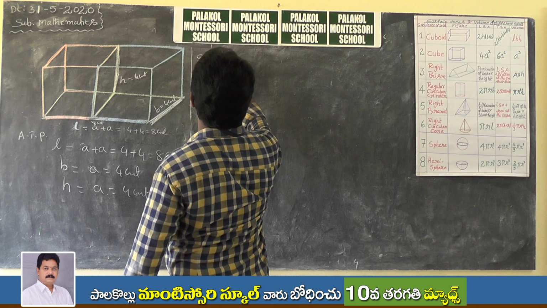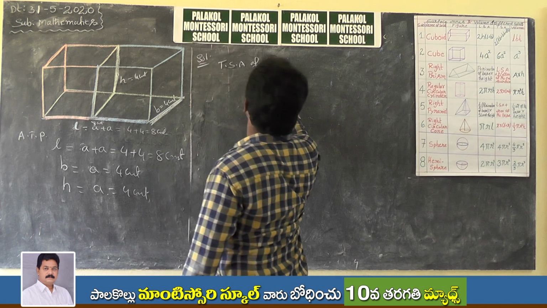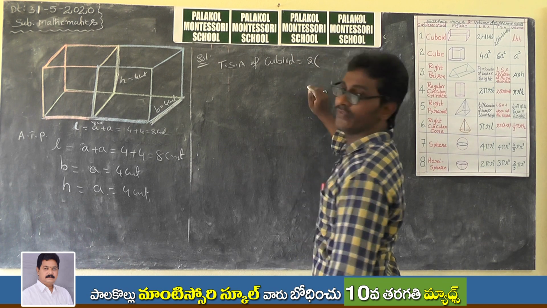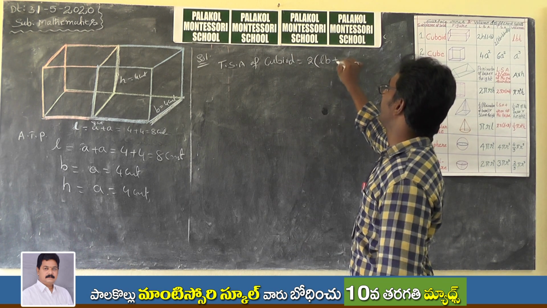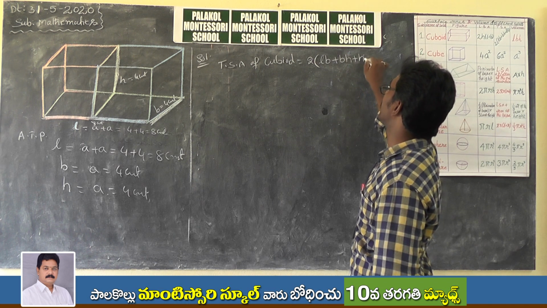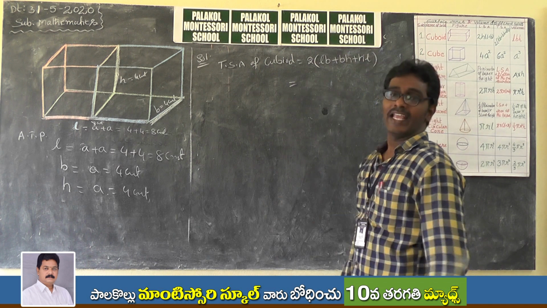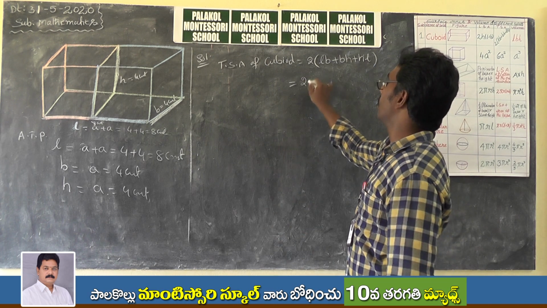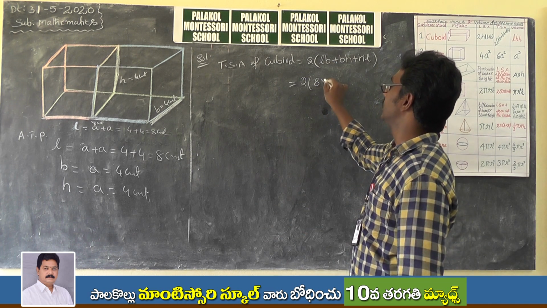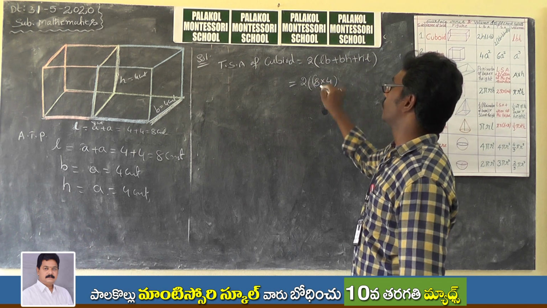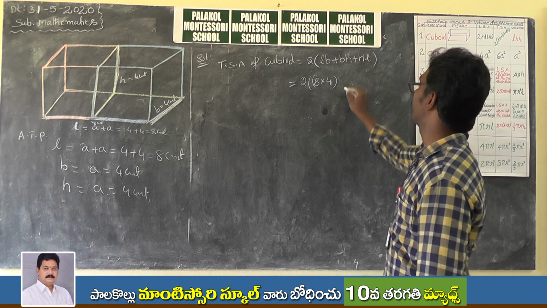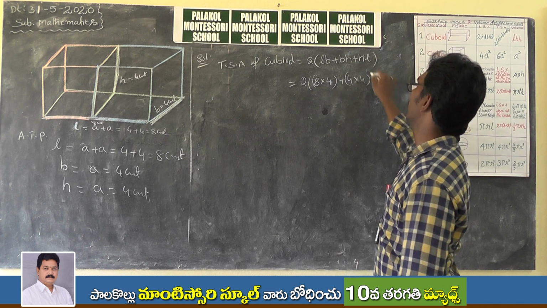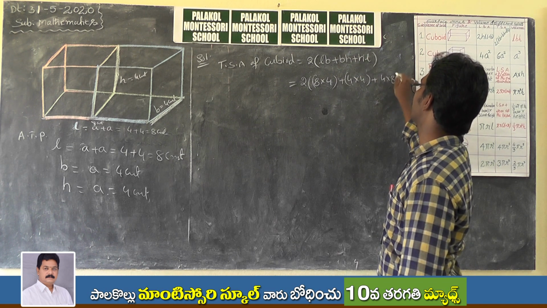Total surface area of cuboid is equal to 2 of LB plus BH plus HL. L means 8, B means 4, so 8 into 4, plus B into H, 4 into 4, plus H into L, 4 into 8.